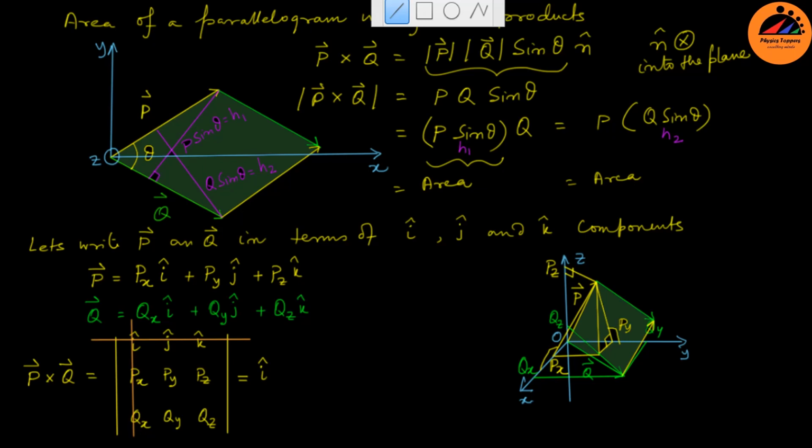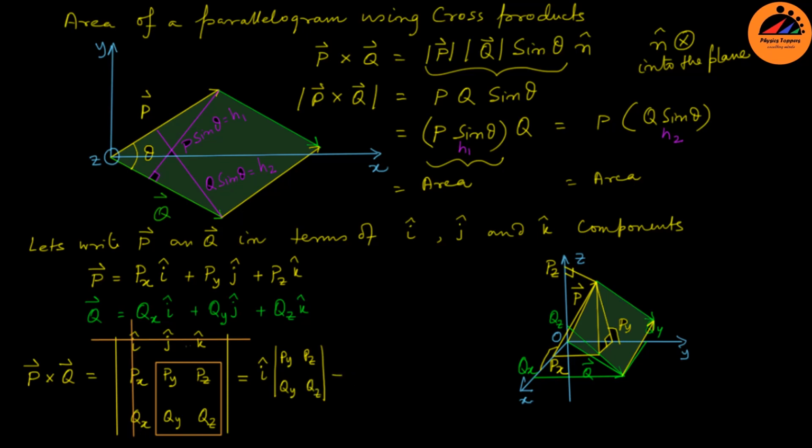Then take this small determinant, this one. What is left? The small part. Take the small part. So how do you write? Py Pz, Qy Qz.